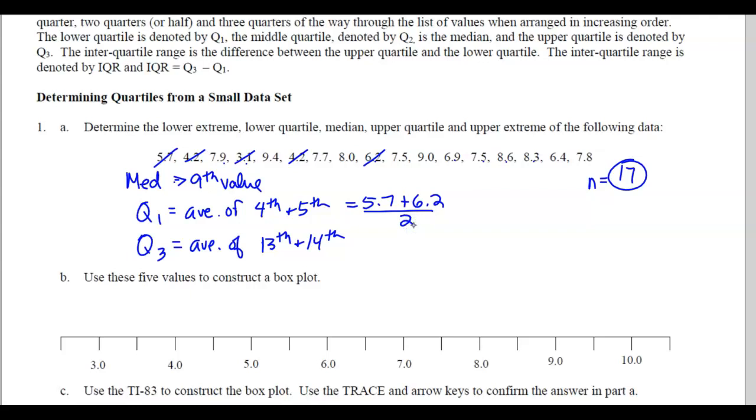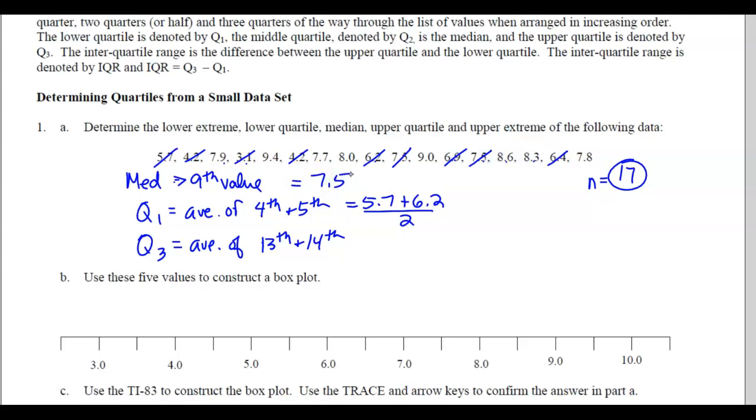Okay, median is the 9th, so we just got to the 5th, then 6th, 7th, 8th, 9th, so that's 7.5.